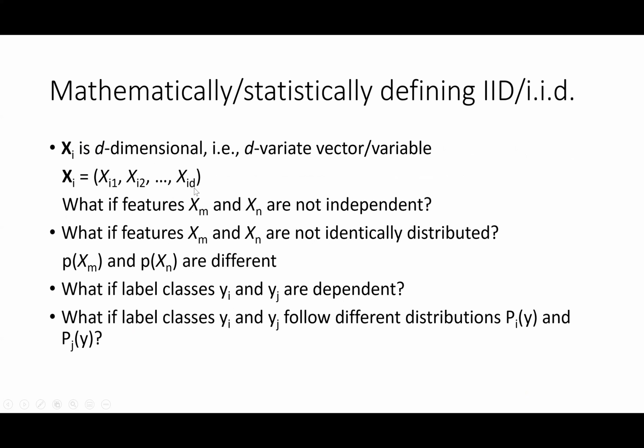Okay, so as I mentioned, if you have high-dimensional data, for example d-dimensional, each sample is a d-dimensional vector, right? And if the two features, xm and xn, are independent, can we still use those statistics I introduced early on?